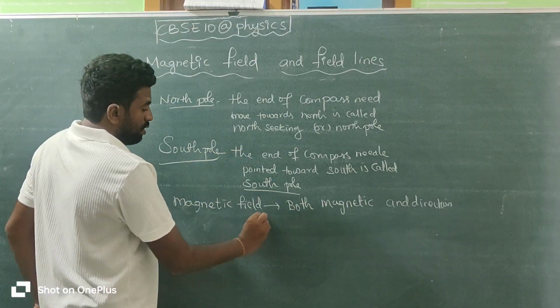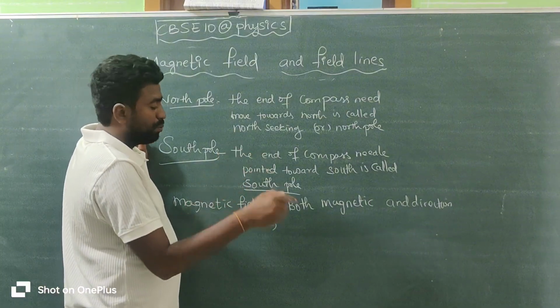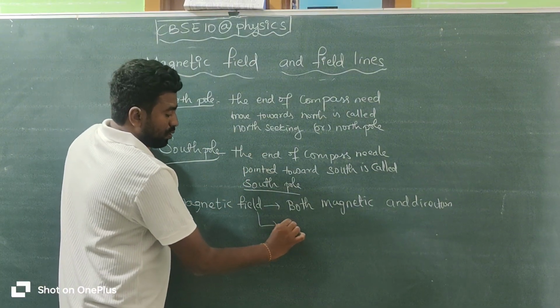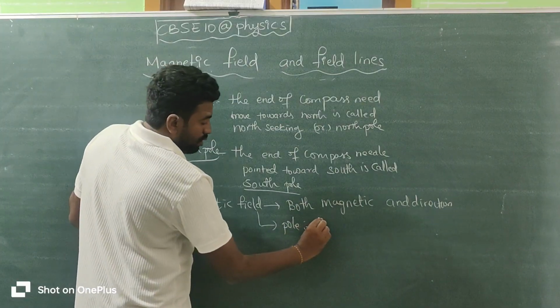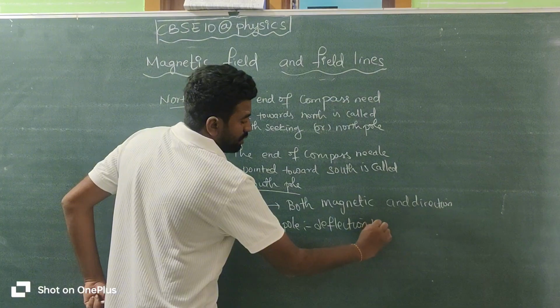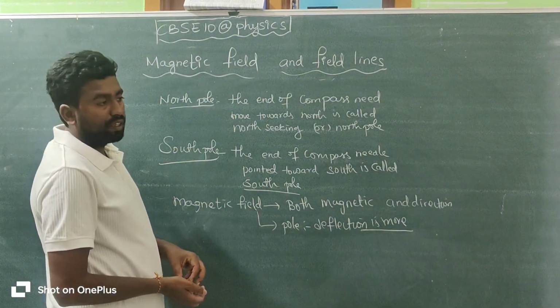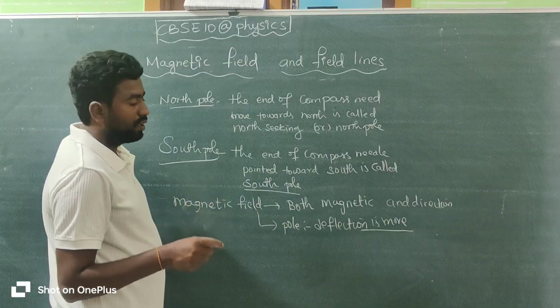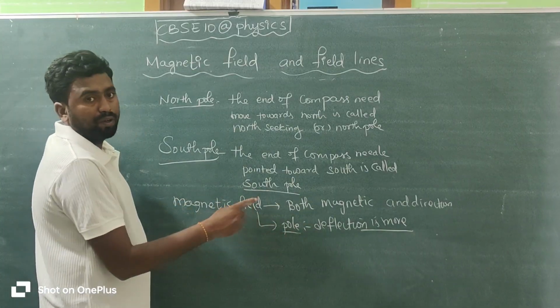If the compass needle moves closer to the poles, the deflection is more. The deflection is more near the poles and less away from the poles.